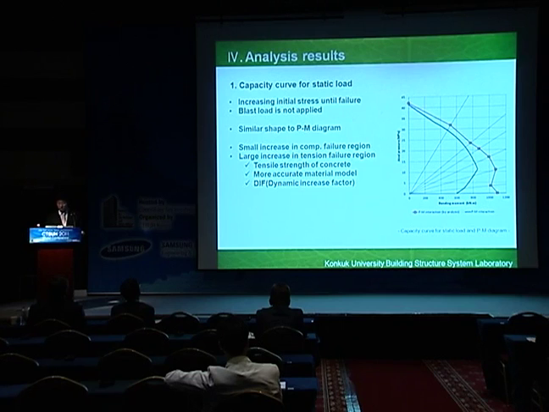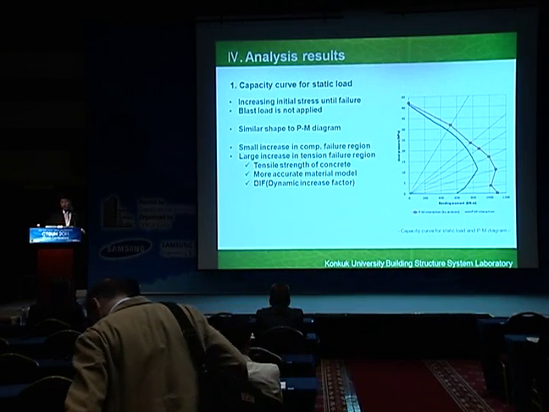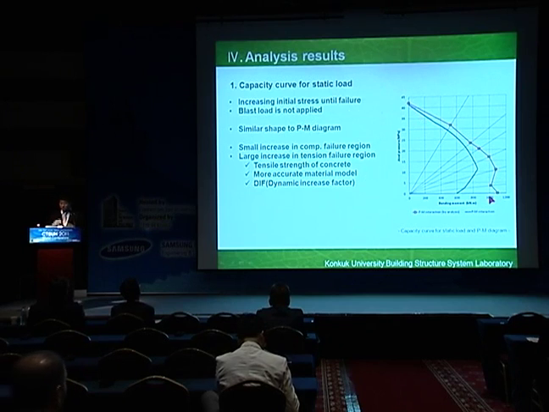Also, the so-called DIF, dynamic increase factor for a high strain rate, is also considered in Autodyn. So these factors increase the capacity a little bit in the Autodyn analysis. So this is the reference capacity for our column model.